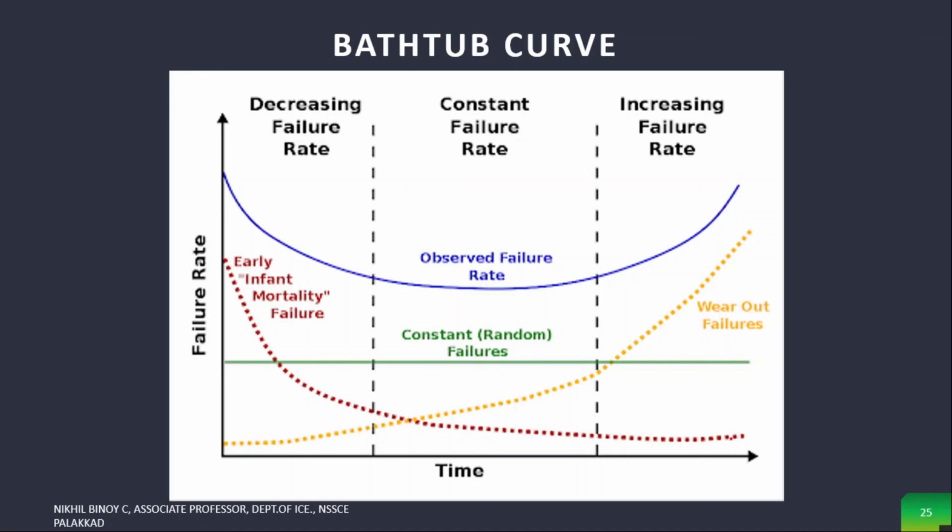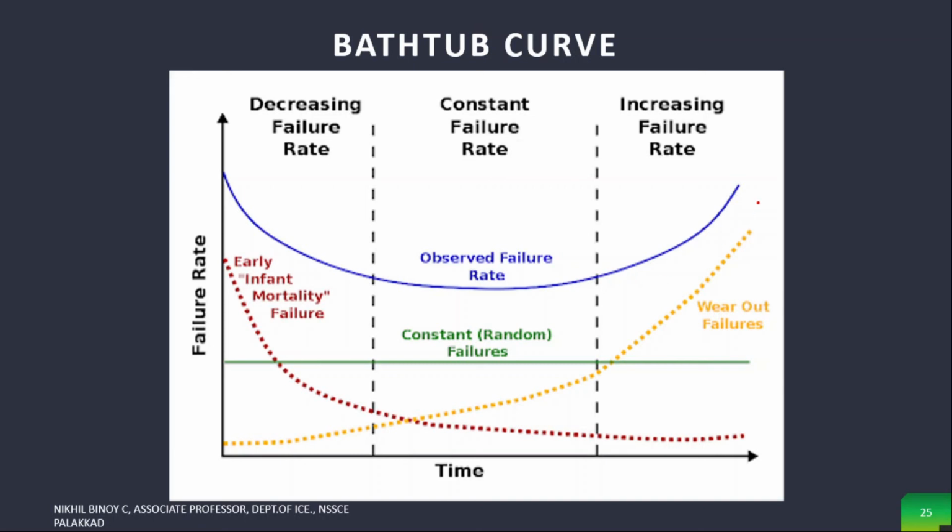If you are modeling failure rate, then the initial part can be modeled using the exponentially decreasing graph. Now the second region is constant, so we can represent it using a constant, that is y equal to c or fd equal to c. We have to find that value if you are modeling it.